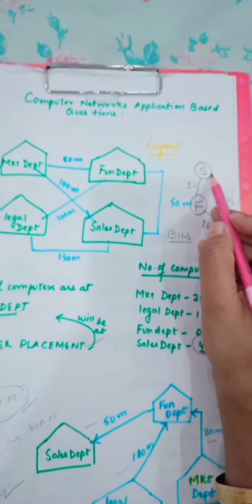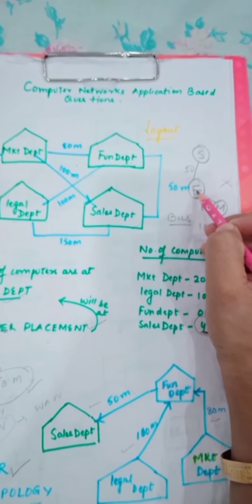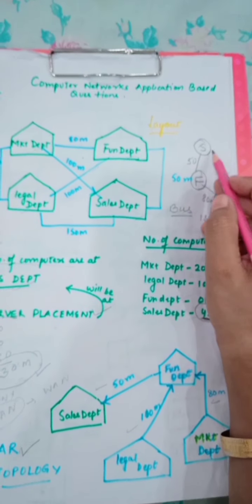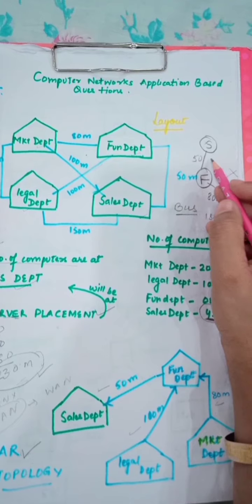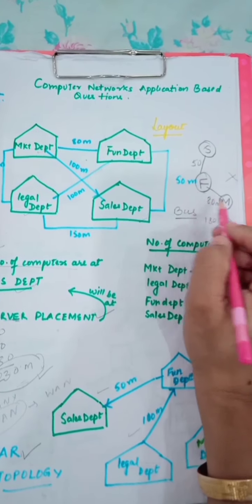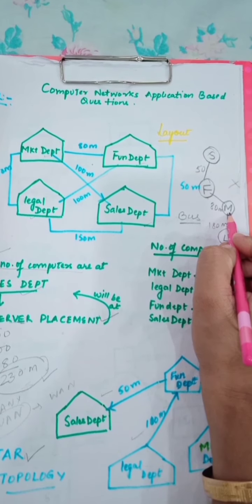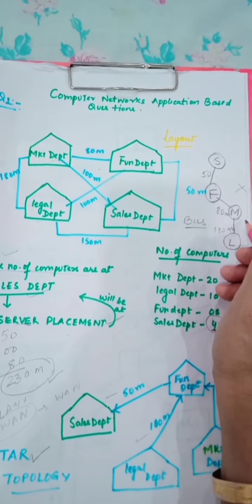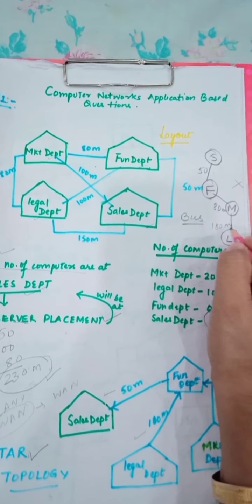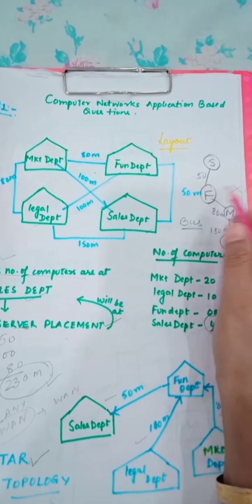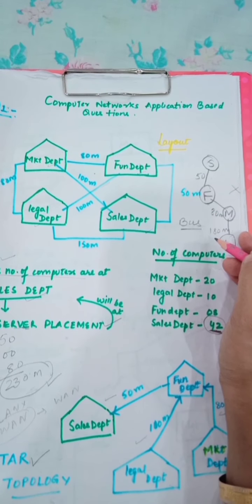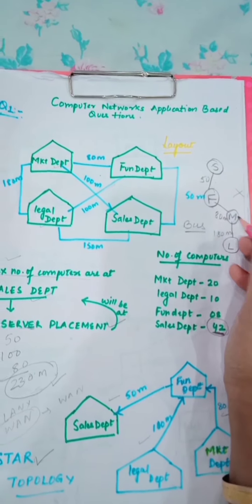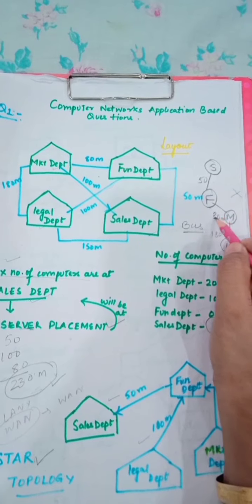I can use sales department, fund department, because the distance between both of them is 50 meters. Finance to marketing department is 80 meters and marketing to legal department is 180 meters. So it is somewhere around 310 meters, which will cost more.